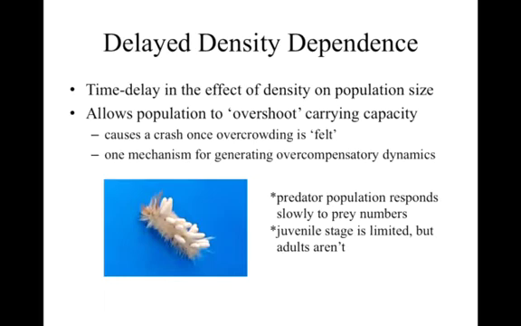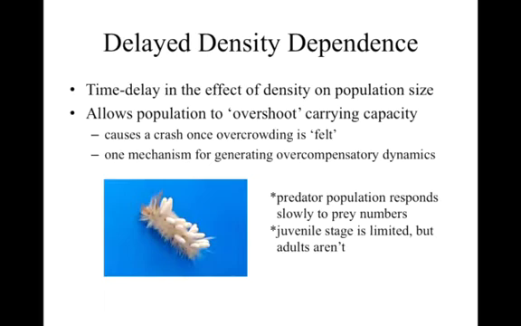So a few slides back, I said that delayed density dependence is one way we really get these overcompensatory dynamics. We get this crashing of the population because it overshoots the carrying capacity. Delayed density dependence means that there's a time delay in the effect of density on population size.